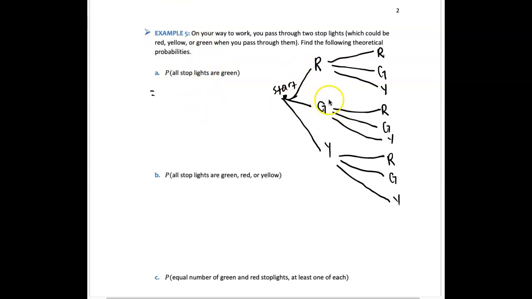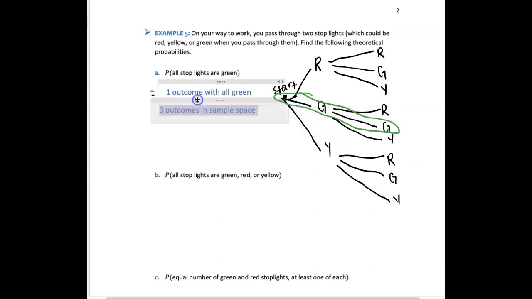So the first stoplight you pass through, you would want to be green. And the second stoplight you pass through, you would want to be green as well, right? So I circled that here in green. There is 1 outcome where all stoplights you pass through are green out of 9 outcomes total in the sample space. So that gives a probability of 1/9.